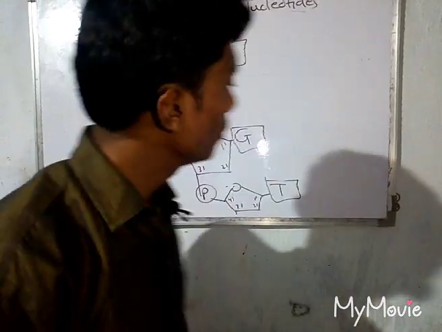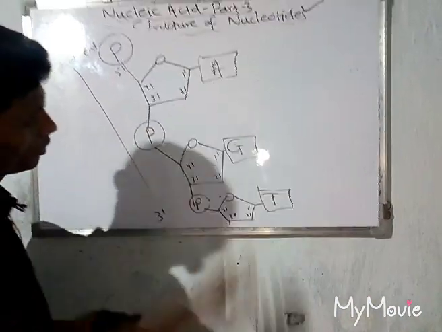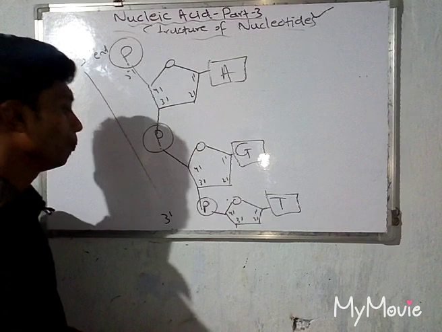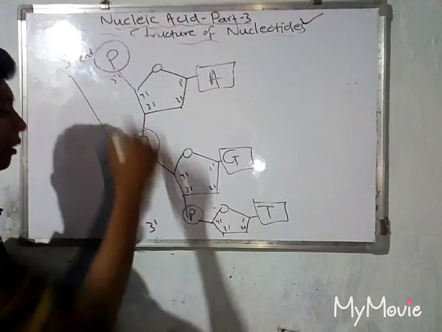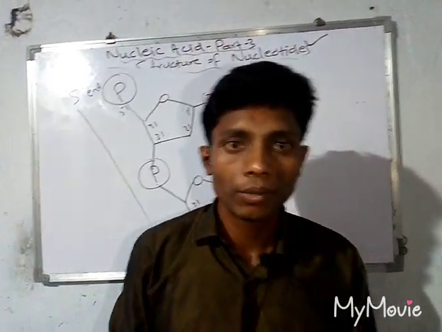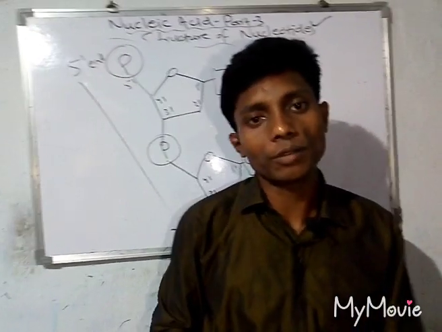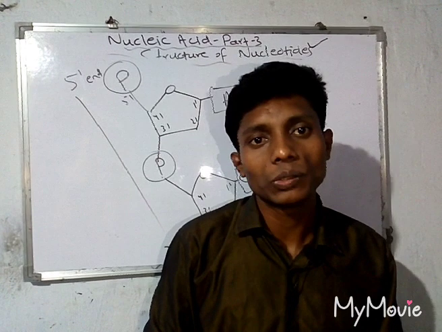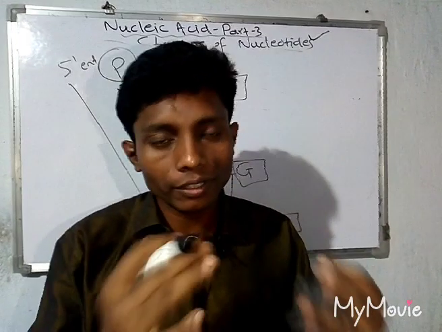So this is the terminal, and it is considered the 3' end. So when we talk about the structure of DNA in the polynucleotide, in the strands of DNA, one end is 5' and another is 3' end. Clear? That is due to this condition.